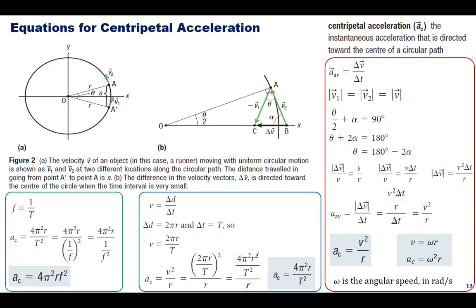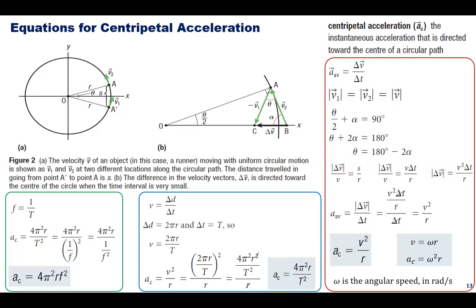Okay, now use the triangle BAC in figure 2b to calculate the magnitude of the acceleration. This triangle has two sides with equal lengths, which means this triangle is an isosceles triangle, right? Two equal lengths are the magnitudes of v1 and v2. In general, the velocity magnitude is the same at any point around the circle.